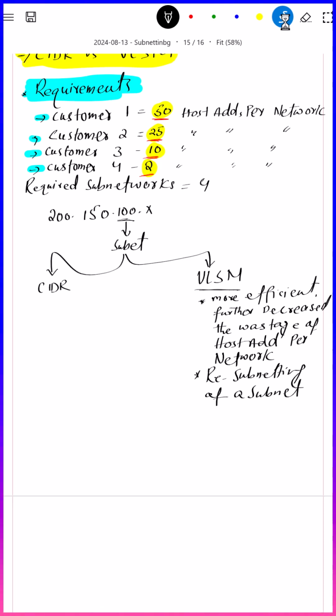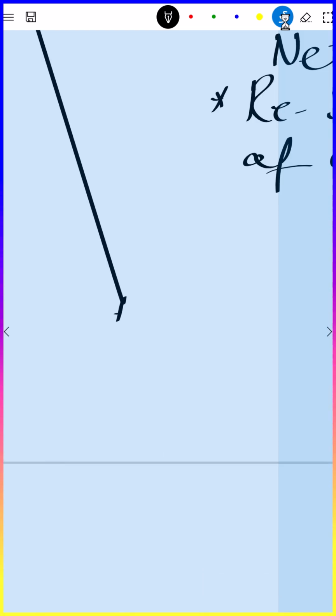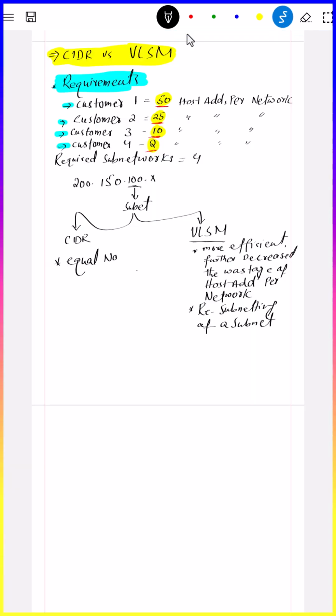And here in CIDR, it will give us an equal number of host addresses per network.